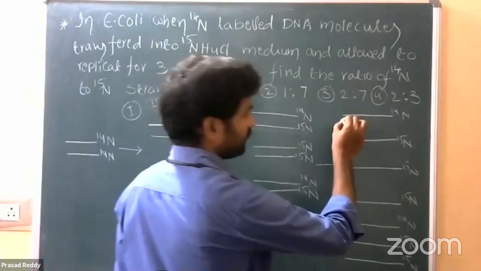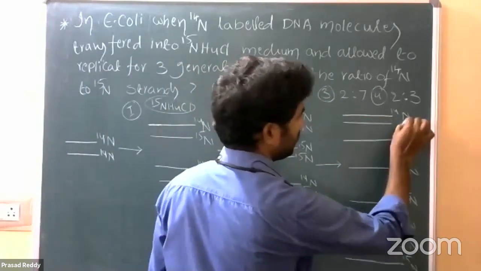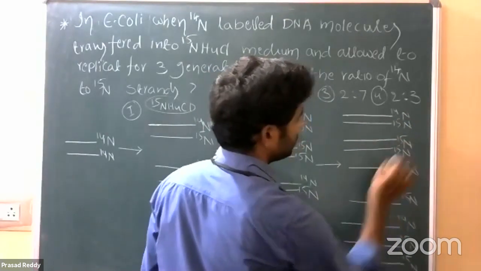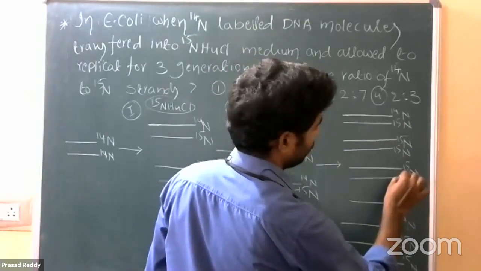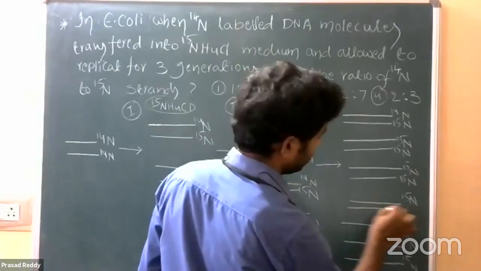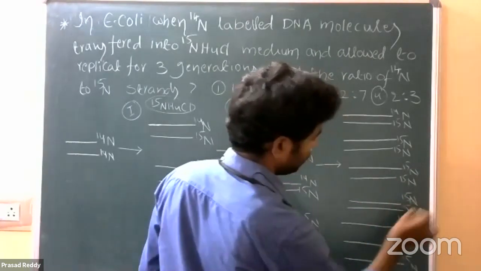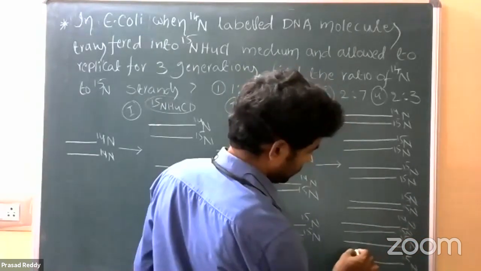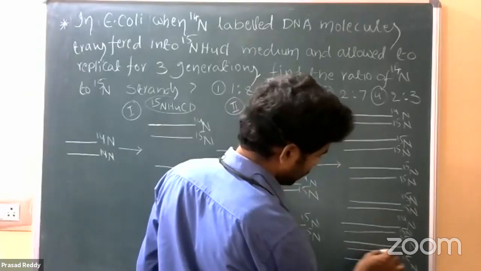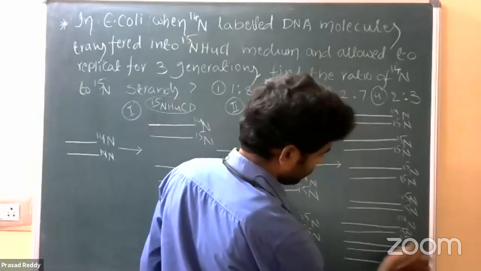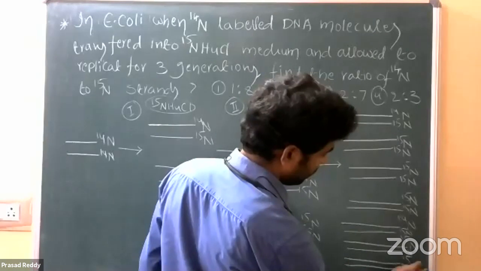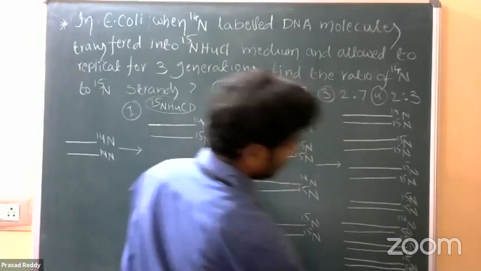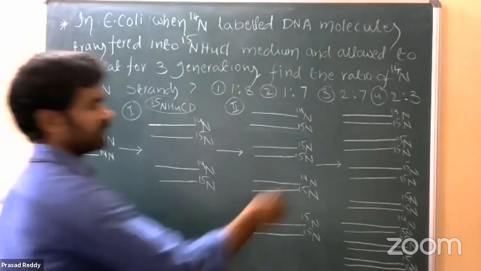The strands separate from each other during the replication process, but the newly synthesized DNA strands are completely N15 strands. See here, N15, newly synthesized strands of N15, and here also N15. Okay, right? So this is the third generation.